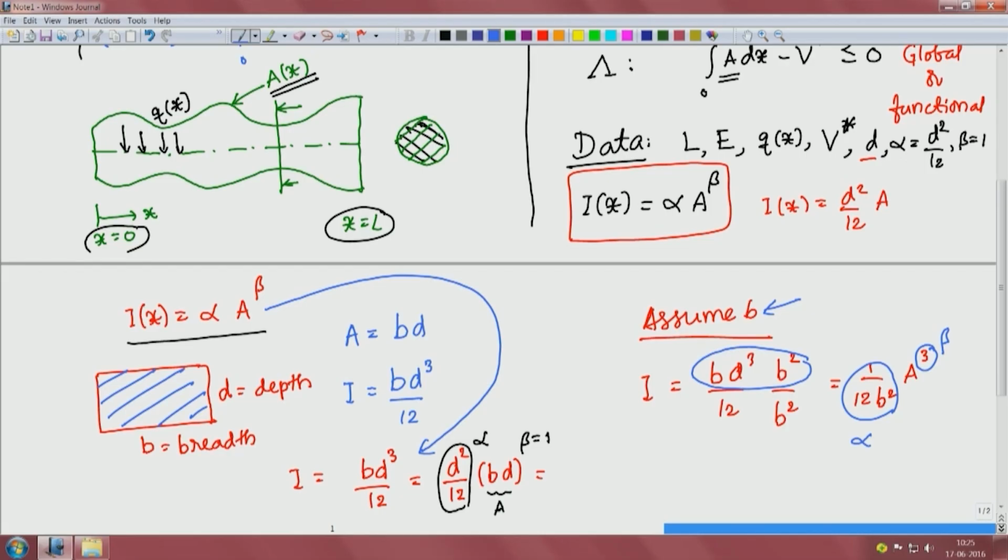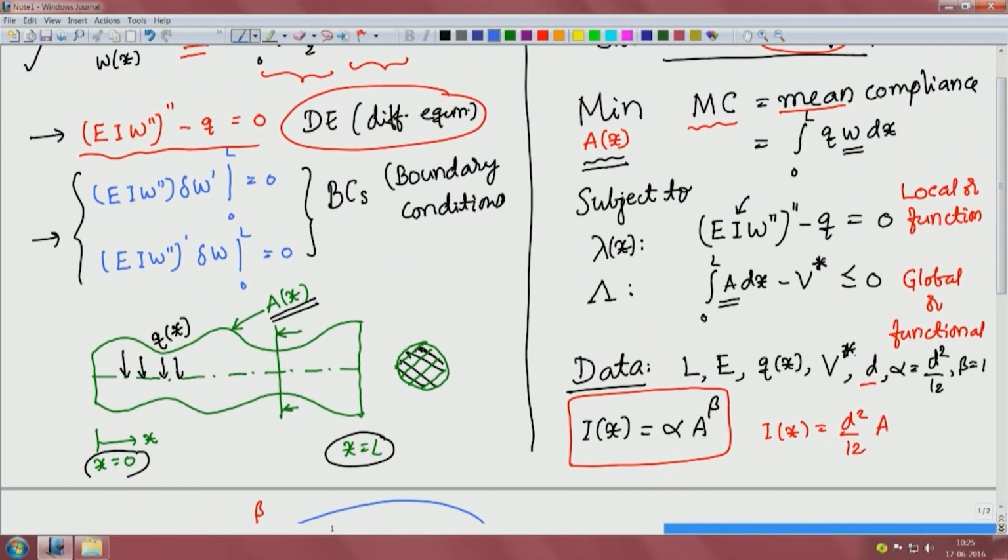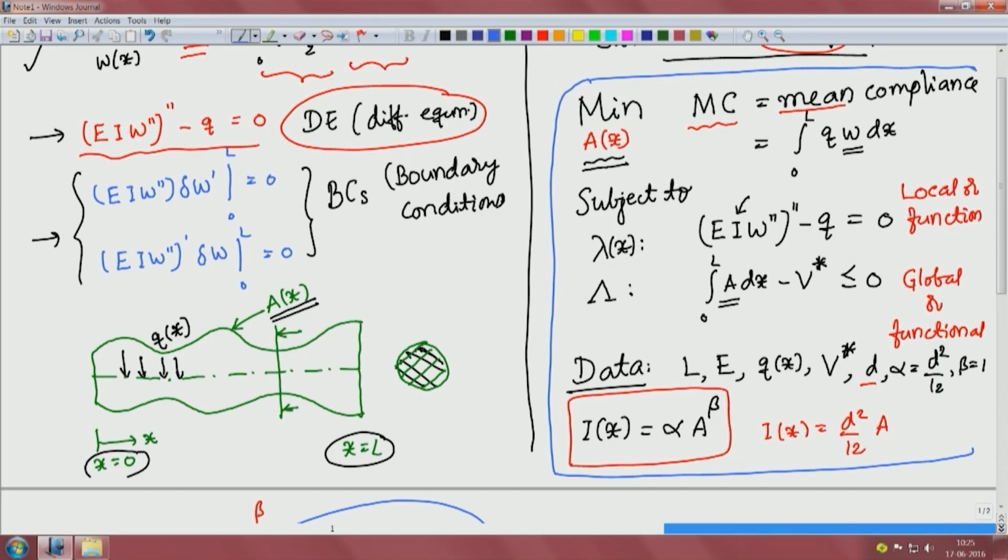Now, taking this problem, the statement that we have, let us encircle it. The problem that we want to solve is simply a calculus of variations problem.